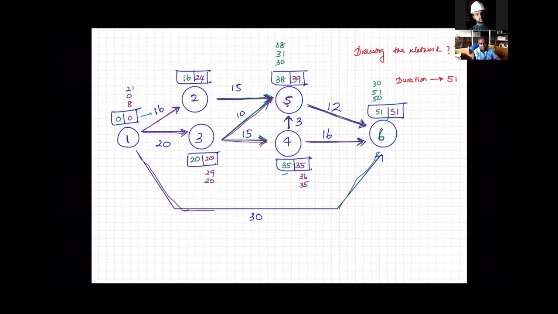But we can't neglect that arrow, because there may be cases, and you'll understand that when you work out some examples in the next section. Whatever the relationship that is given to us, we have to use that properly. So we can't neglect any of these arrows.